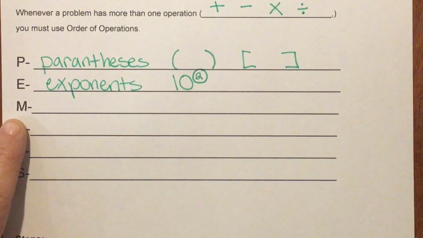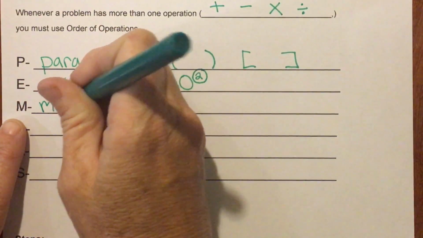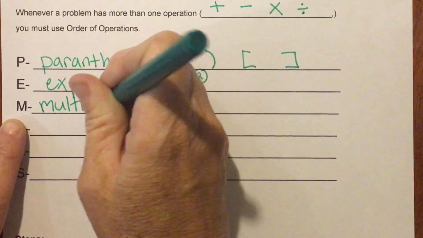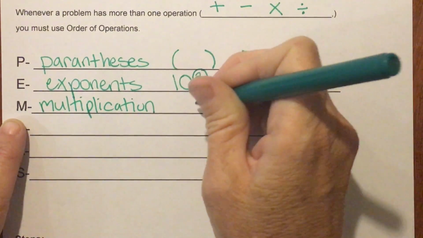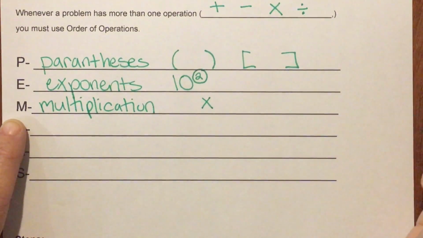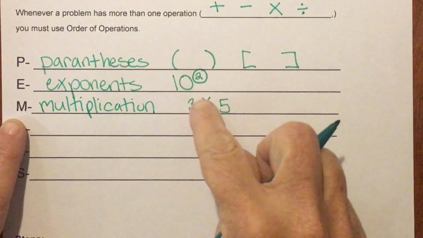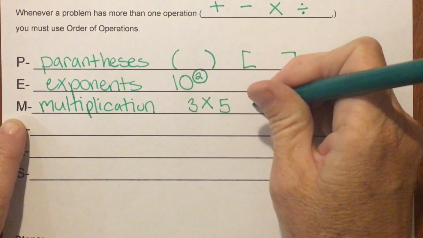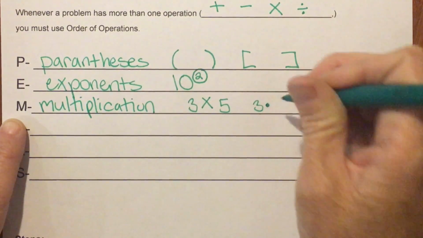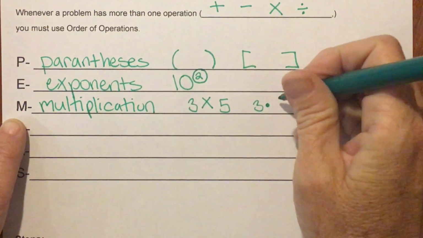Okay, multiplication is our M. Now usually, this is what multiplication looks like, an X. So we might see something like 3x5, which means 3 times 5. Sometimes you'll see something more sophisticated, which is like a dot, and it's not a decimal because it's in the middle.